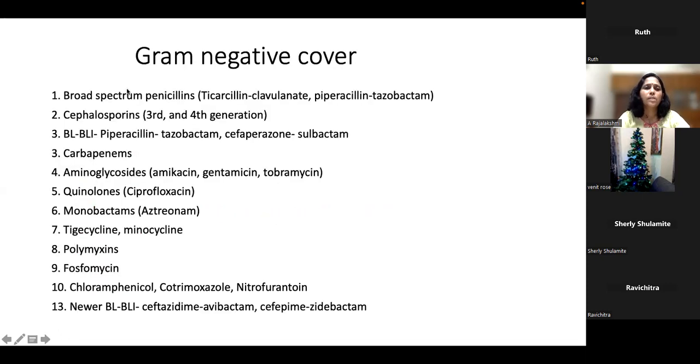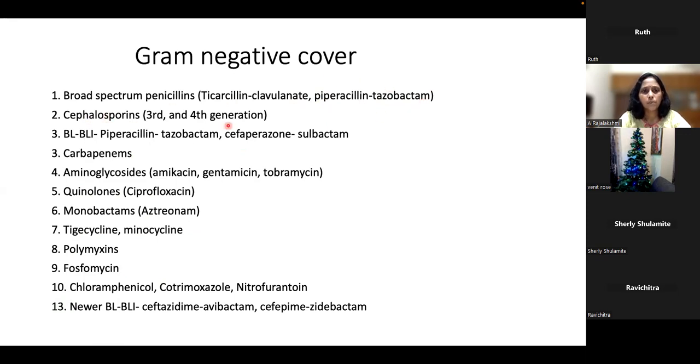Coming to gram-negative, we have a huge list, but many bacteria are drug resistant, and so at least 50% of these drugs we cannot use empirically. Broad-spectrum penicillin, like the anti-pseudomonas penicillin, piperacillin tazobactam, has good gram-negative cover.